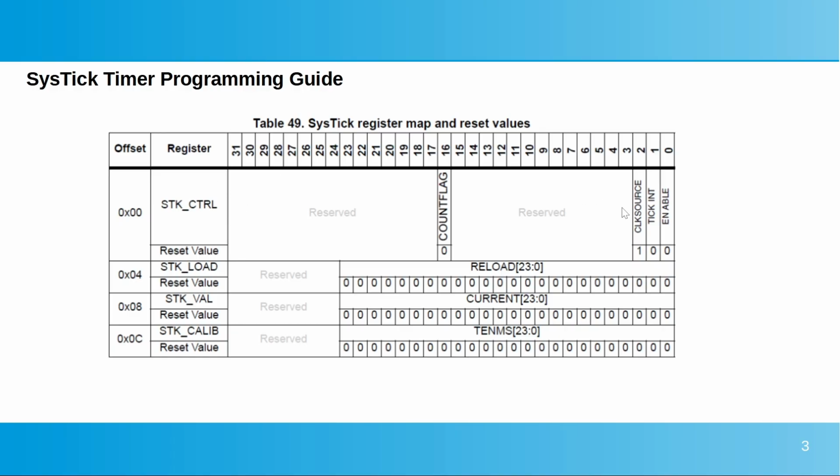Selecting the different input clock source to clock our counter, and indicating if there has been a counter rollover or not via a flag bit. We have a separate and dedicated register to hold this initial reload value. Then we have the SysTick Timer counter itself, and finally we have a calibration register used to calibrate the tick to decrement our counter.